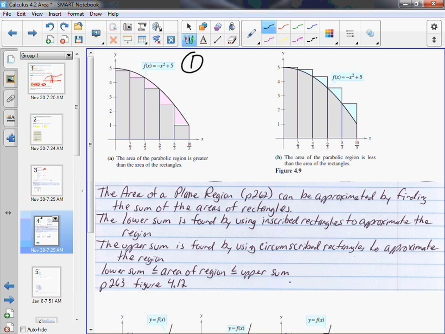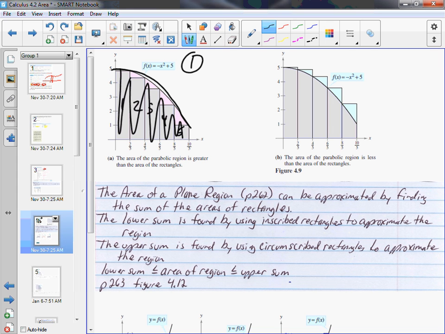So the lower sum is found by using inscribed rectangles to approximate the region. So if I find the area of each of those 5 rectangles and then find the sum of those areas, that sum will be less than the actual area of this region we're trying to approximate, won't it?